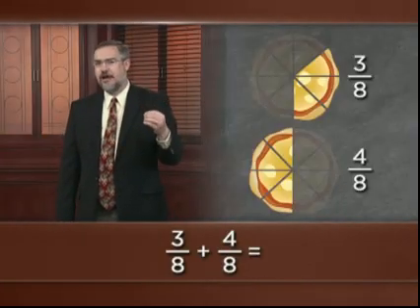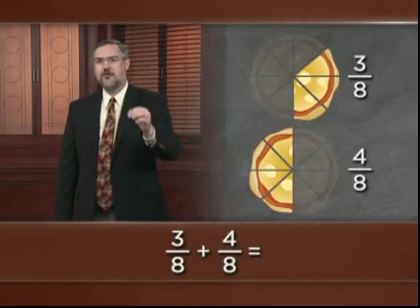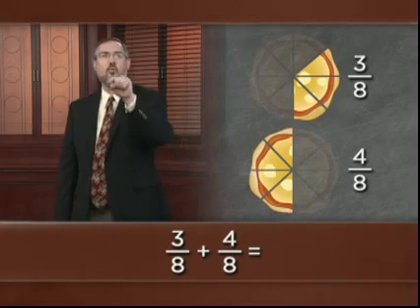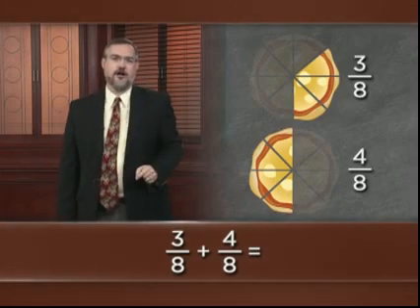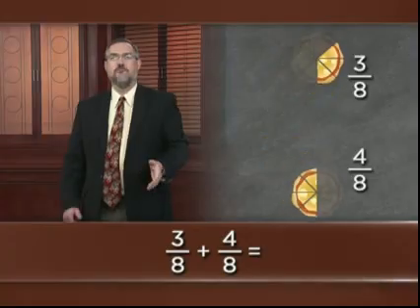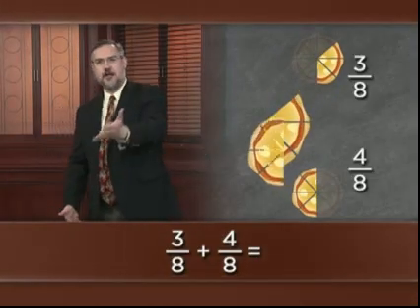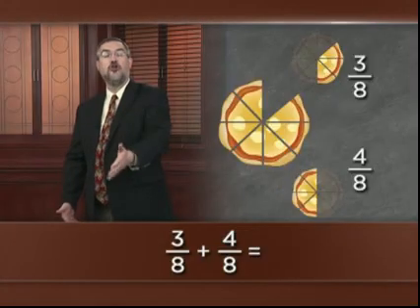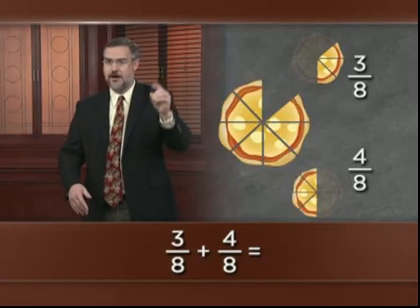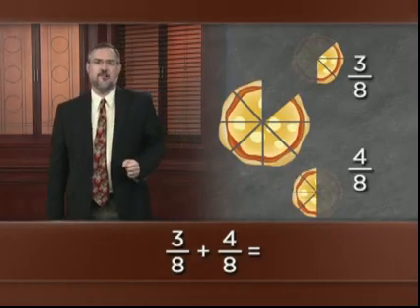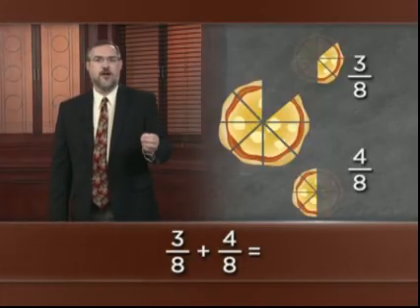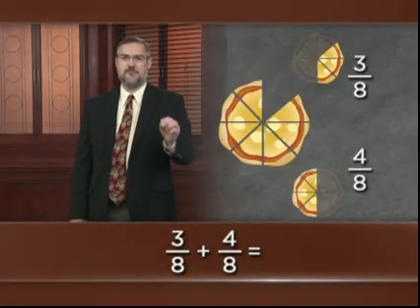And whatever our answer is, will be how much of a pizza is in that one box when you and I are done. So, when you put the 3 slices into a new box, and you put the 4 slices in with those 3, you'll have a box, just one box, with 7 slices in it that come from an original 8-slice pizza.